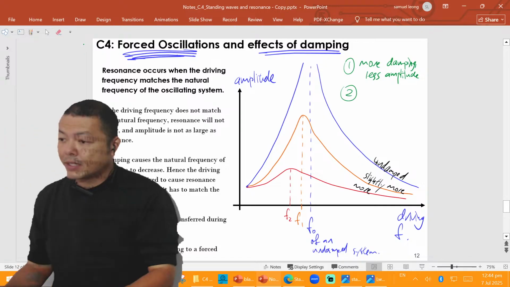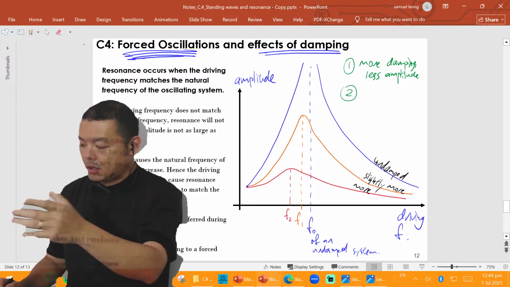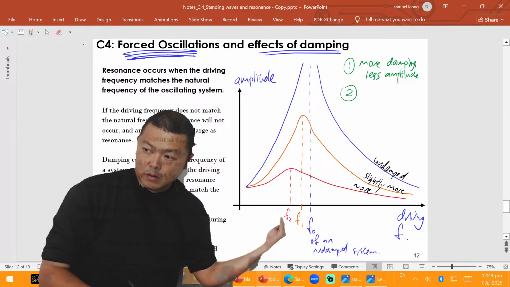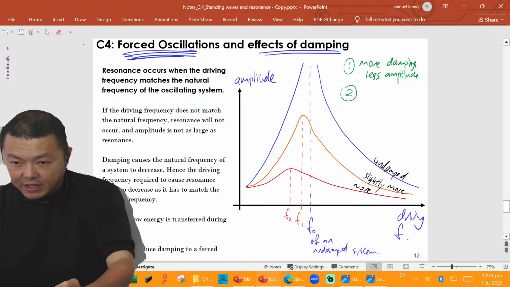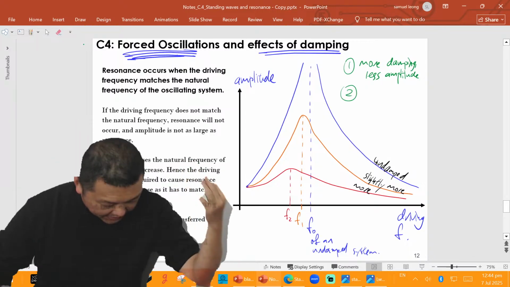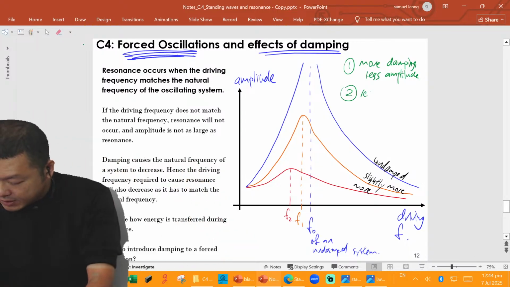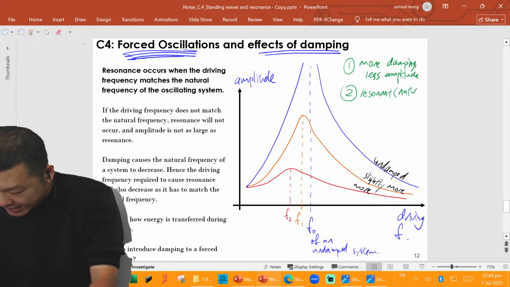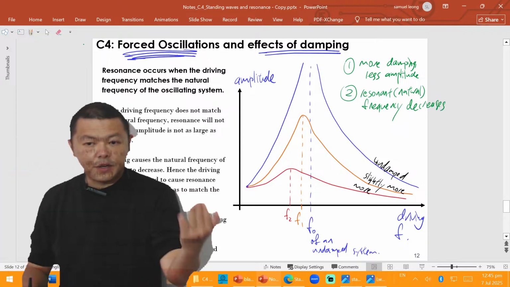Number two, what's the other thing you notice? Right, the resonant frequency, or the natural frequency, decreases, which means it shifts to the right.